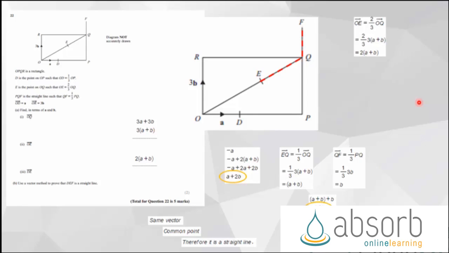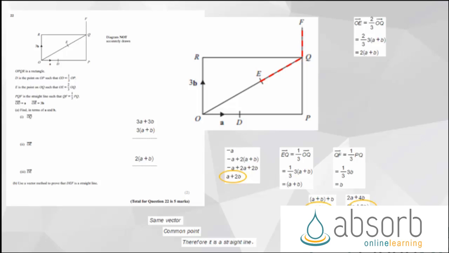Now I'm going to finish this off by having a look at what would have happened if F had been away up here somewhere, further off, but still a straight line. We could have actually had it twice as far away from where it is at the moment and had a vector 2A plus 4B worked out, and then taken out a common factor to get a 2 at the front and get that A plus 2B inside.